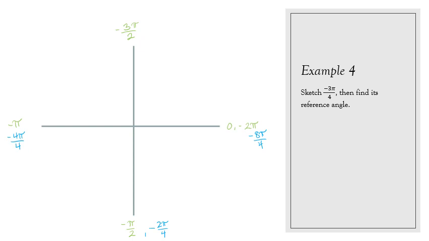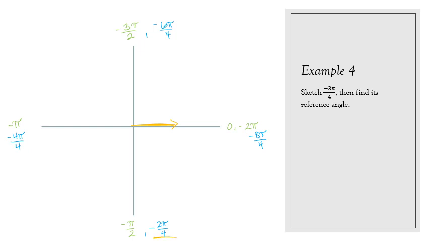And negative 6 pi over 4. Okay, so again, that just gives me a better sense of exactly where my angle is going to end up here. There's our initial side right along the x-axis. And negative 3 pi over 4.